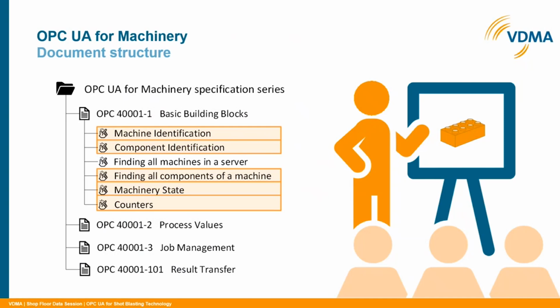So we used the machine identification, the component identification, the block finding all components of a machine, the state machines, and the counters. And additional to that, we also use the job management specification. And now I will show you, by looking into the information model, where we used these blocks, how we used it, and how the rest of our information model looks like.